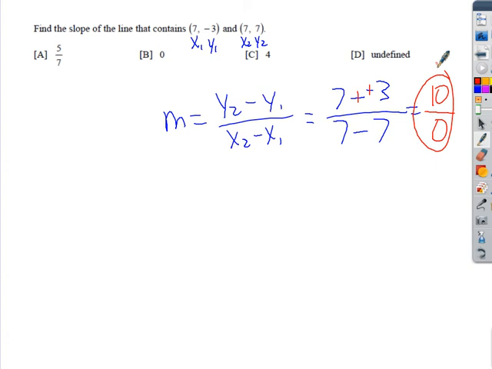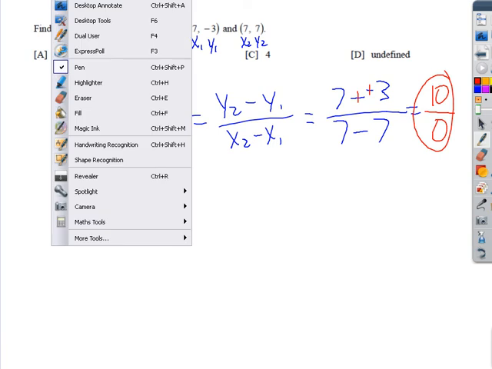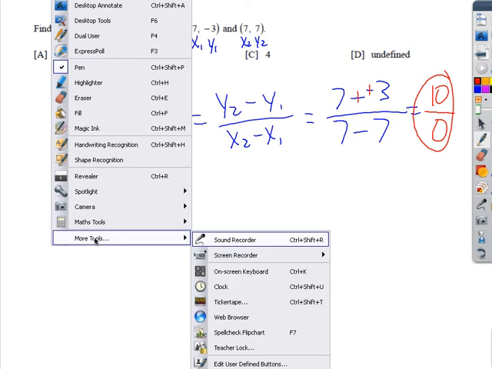I'm going to pull up my calculator here. View, don't I have a calculator? Tools. I didn't open up my calculator to start with. More tools. More calculator. Really? I just wanted to show you guys how this worked, and now all of a sudden I can't remember where the calculator is. It's under Math Tools, isn't it?